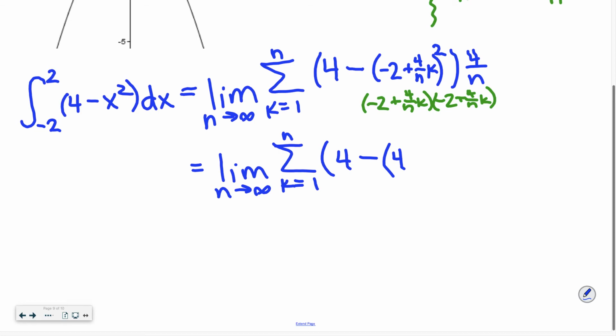Negative 2 times 4 over nk is negative 8 over nk, but we get that twice because we are multiplying a binomial times itself. So I'm going to go ahead and change that to negative 16 over nk because we know we're going to get that twice. And then our last, 4 over nk times 4 over nk would be 16 over n squared k squared.